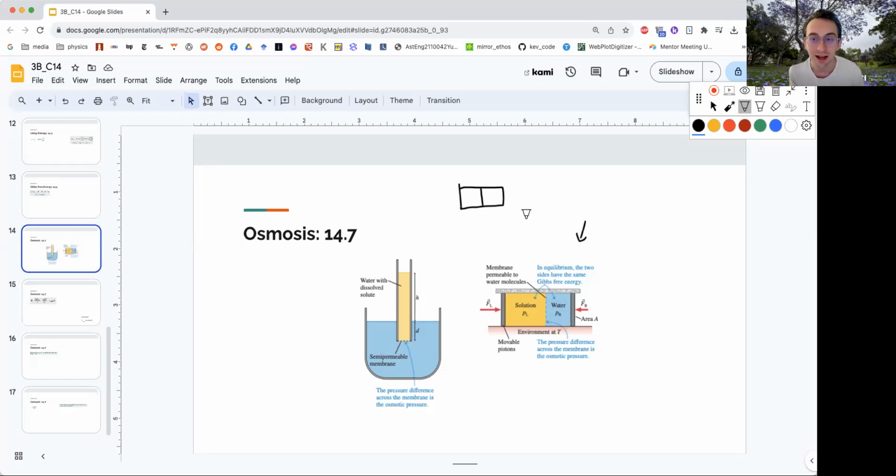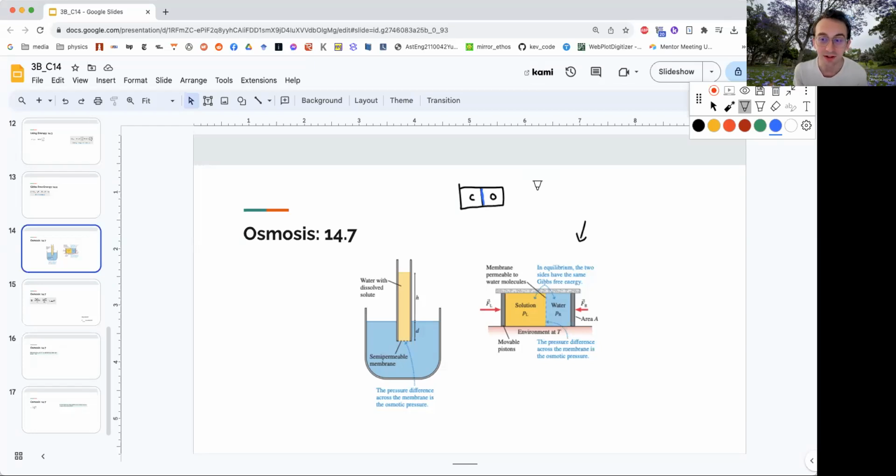And the right side has, in this case, pure solvent, so pure water. So we have some concentration over on the left, and we have no concentration on the right. And in the middle, we have a special membrane, a semi-permeable membrane that only allows the water to pass through, not the solute.